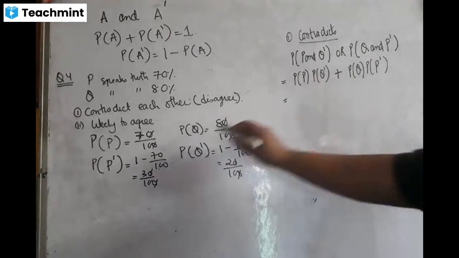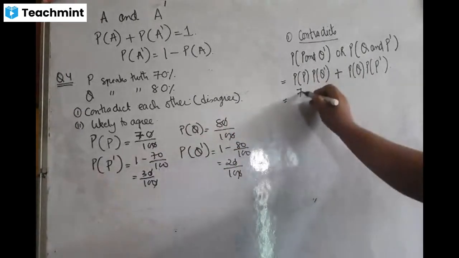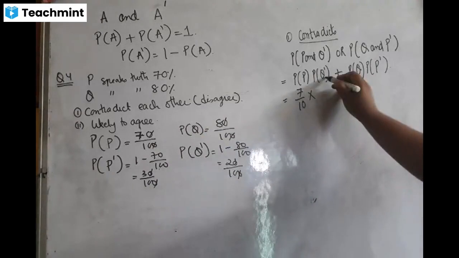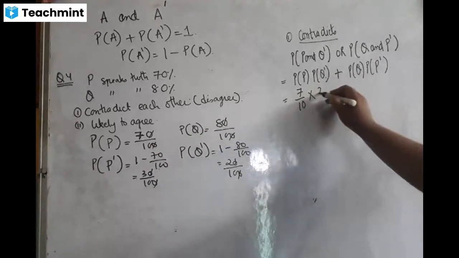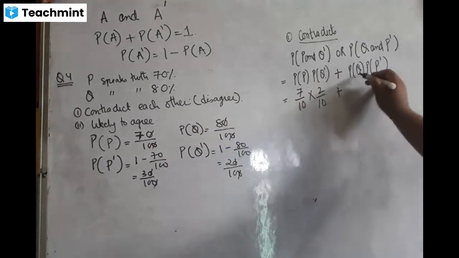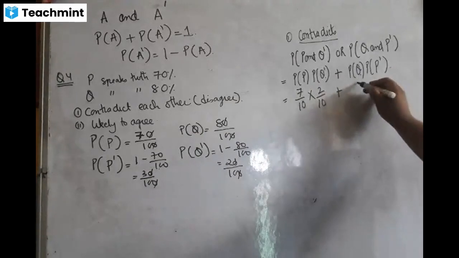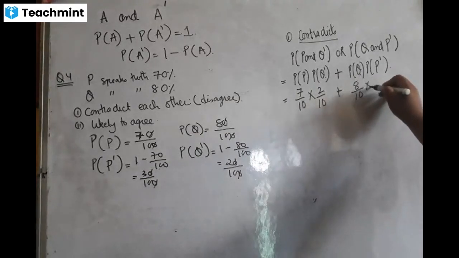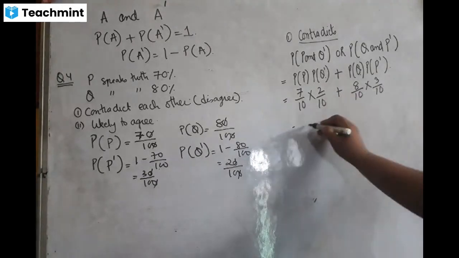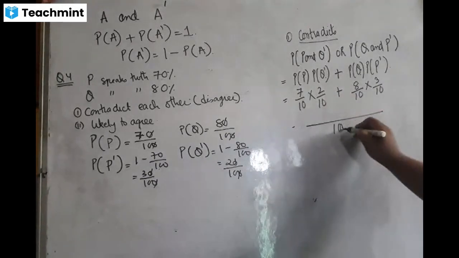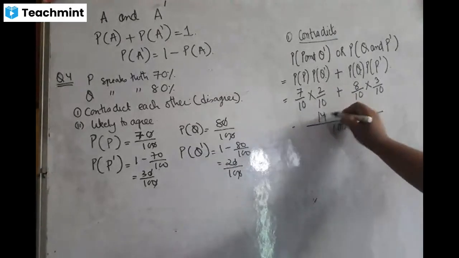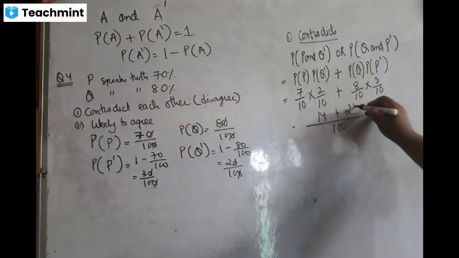What is probability of P? 7 by 10. What is probability of Q dash? 2 by 10. What is probability of Q? 8 by 10 into what is probability of P dash? 3 by 10. So LCM is 100. 7 2s are 14. 8 3s are 24.